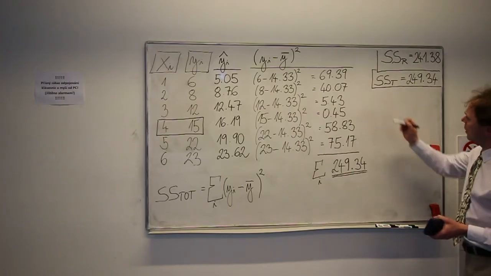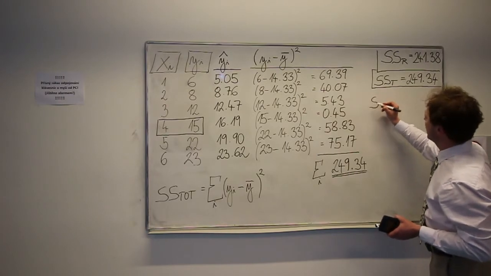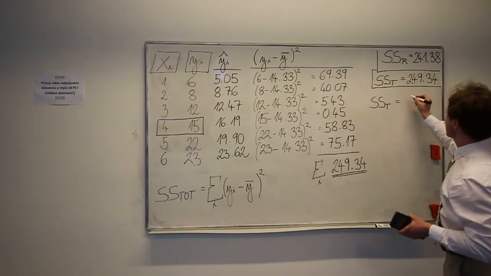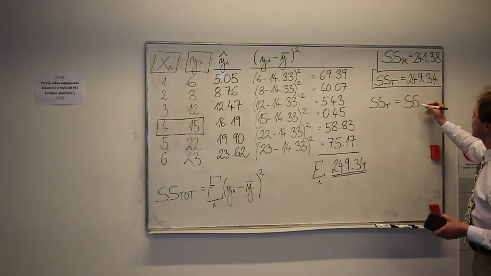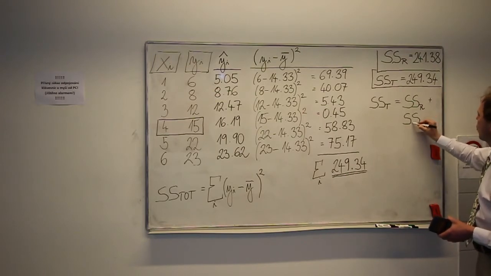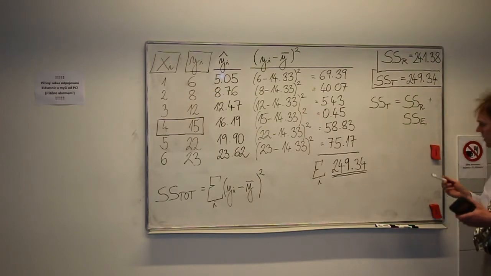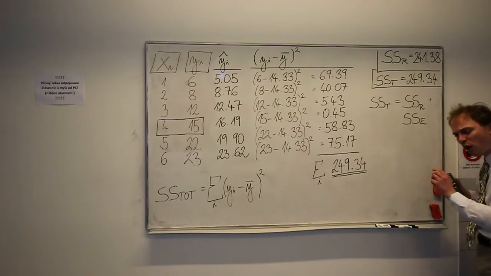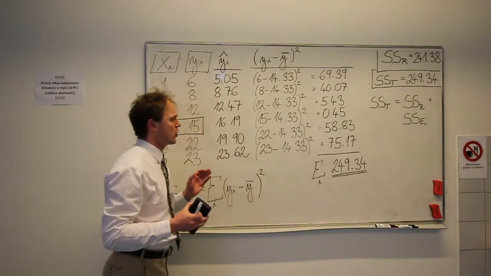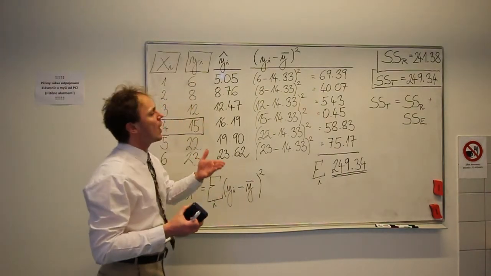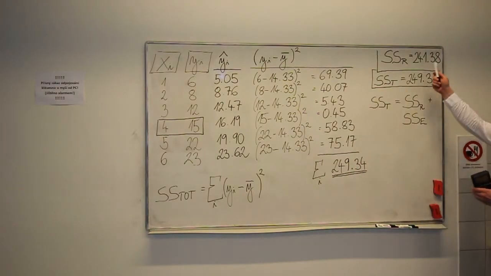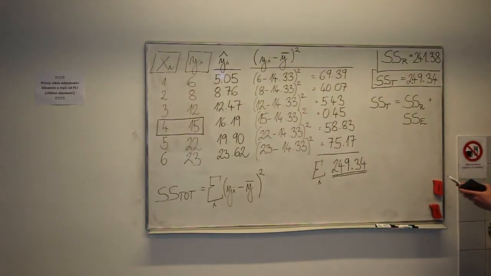If you remember, I said a few minutes ago that the sum of squares total is calculated as the sum of squares regression plus the sum of squares error. So again, like in the case of ANOVA, analysis of variance, which I already showed you, I will calculate the proof that we calculated these sums of squares correctly.